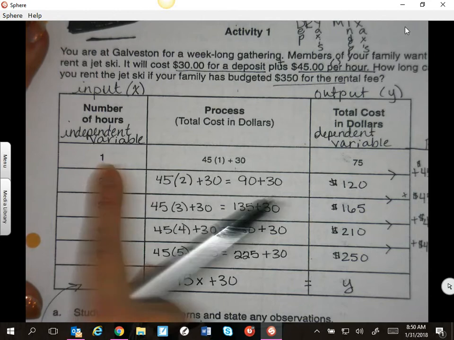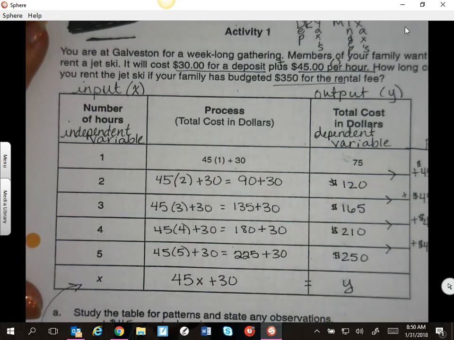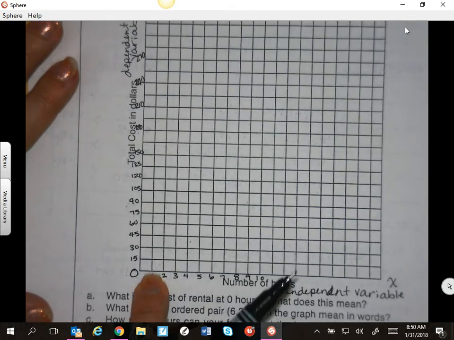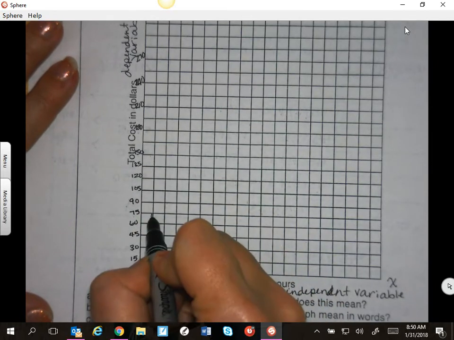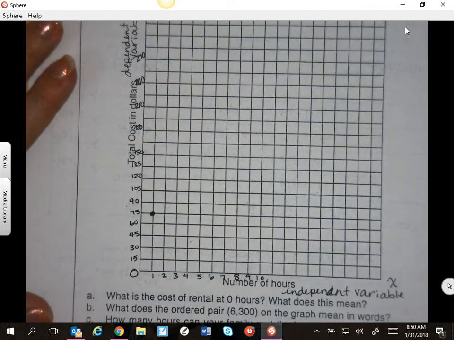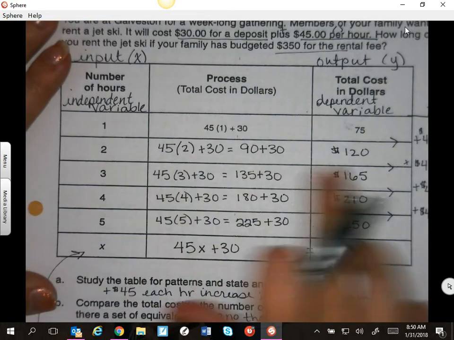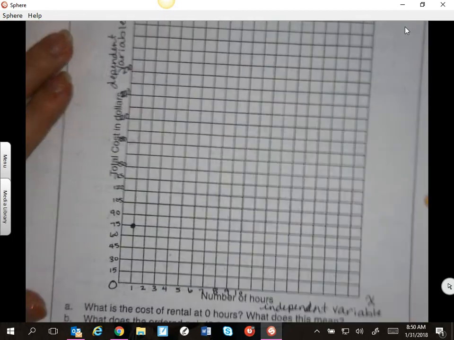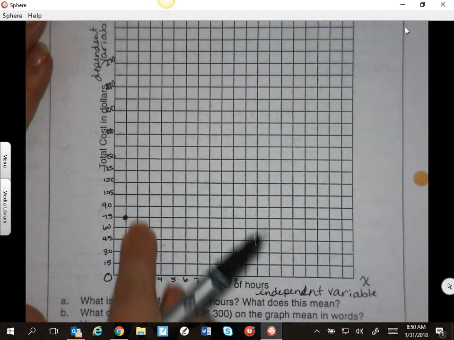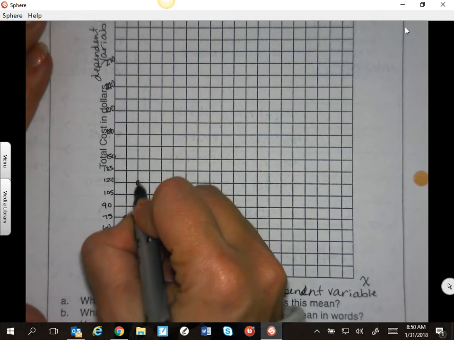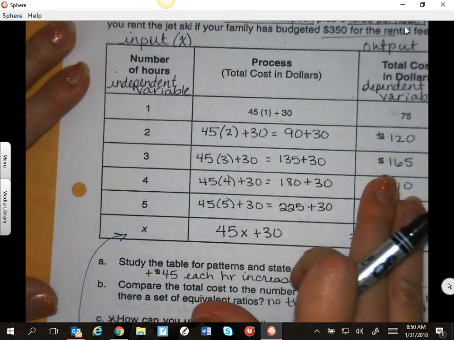At 1 hour, it costs $75. So we're going to go to our graph we've graphed before. Here is 1 hour, $75, and put a dot there. 2 hours was 120. So we're going to say 2 hours all the way up to 120. 3, 165. 4, 210.